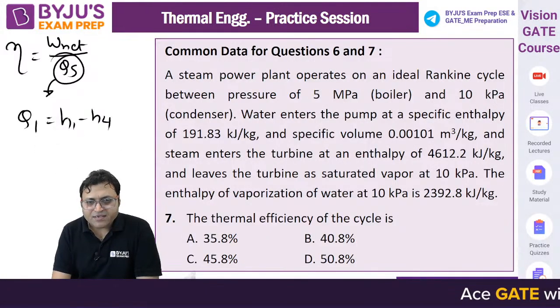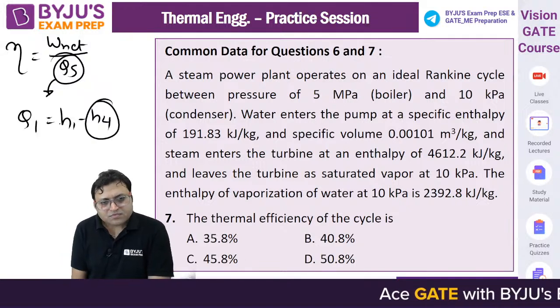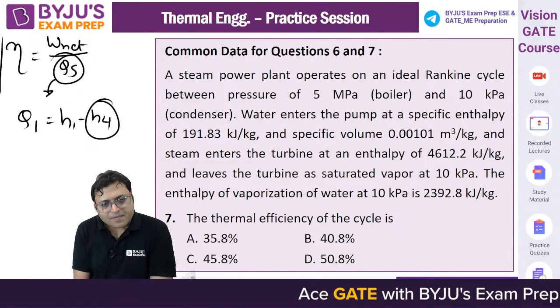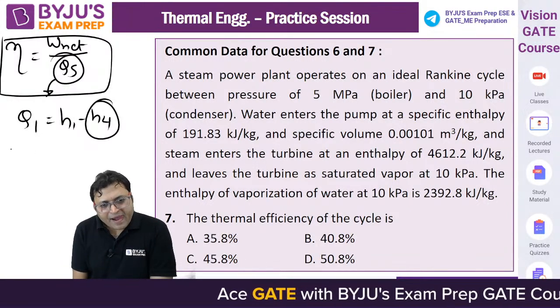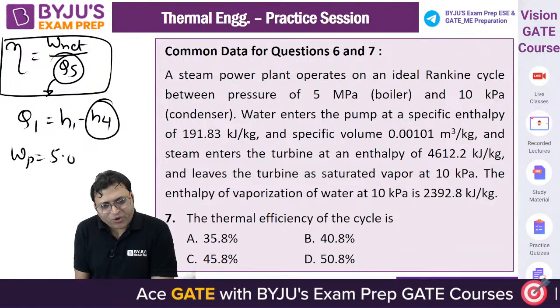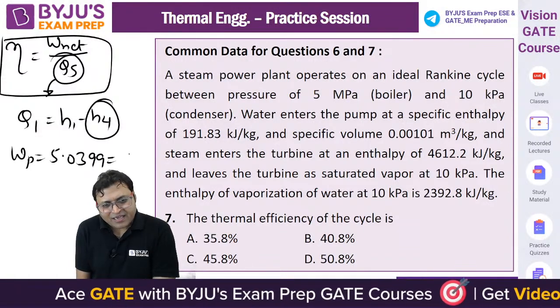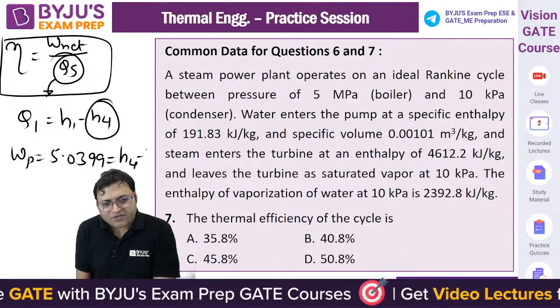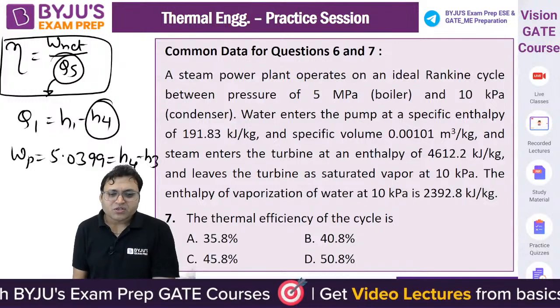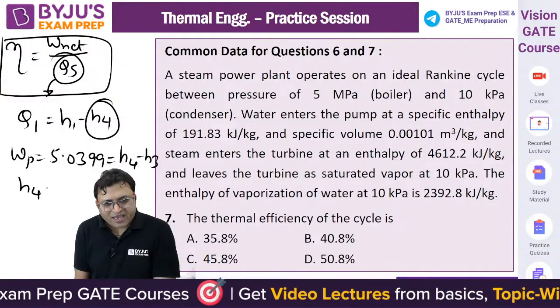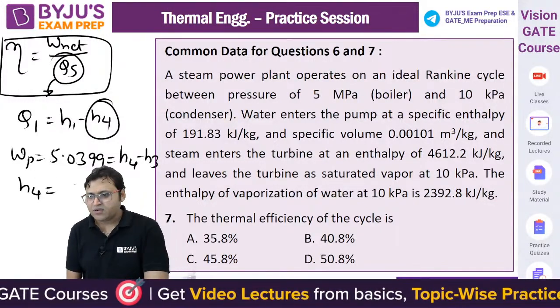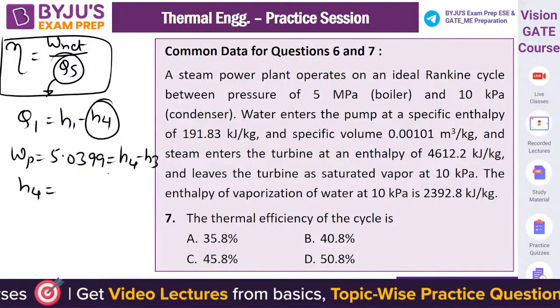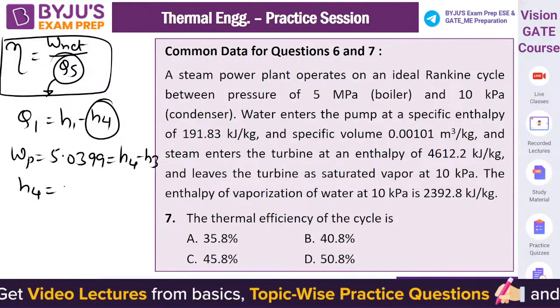We can say WP, that is 5.0399, is equal to H4 minus H3. So we can find out H4 from here. What will be the value of H4? H4 is equal to H3.